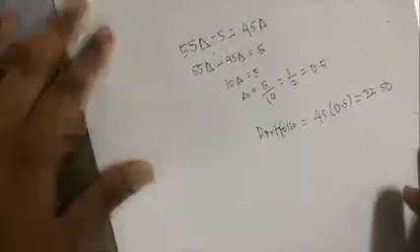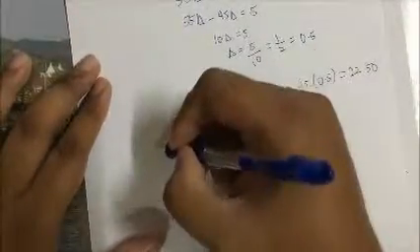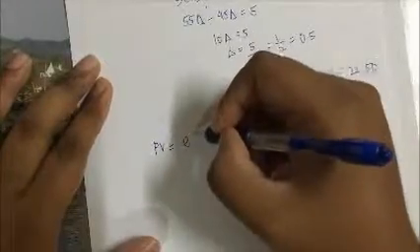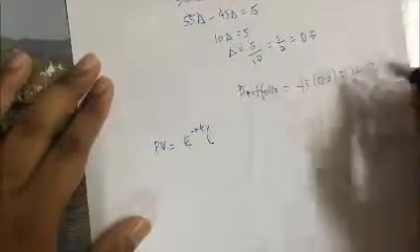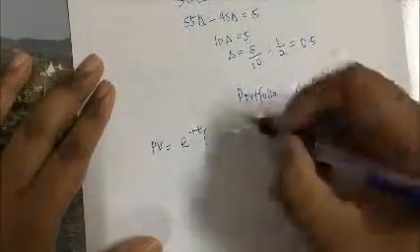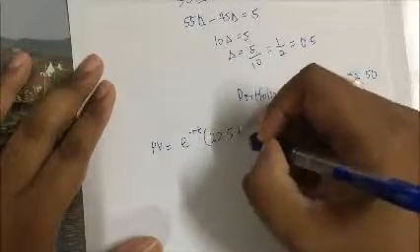So we have the formula here, which is PV equals e to the minus exponential of the rate times the time frame times the portfolio value found here, which is 22.5.